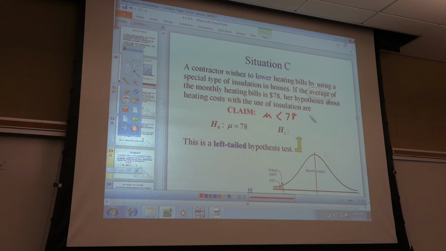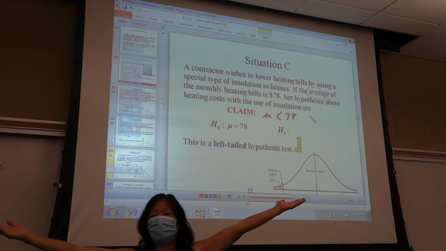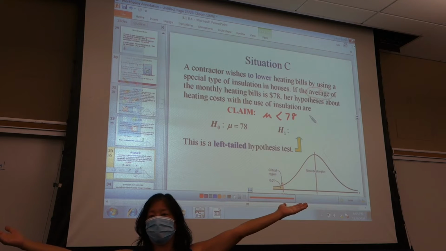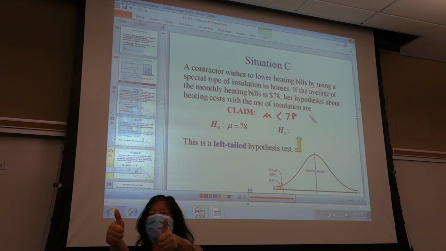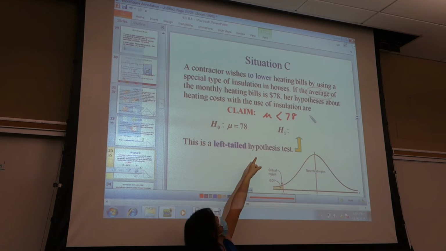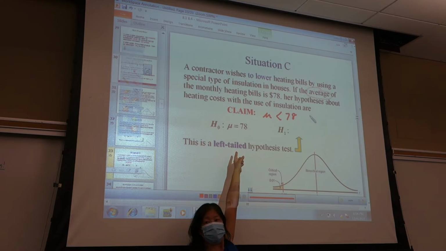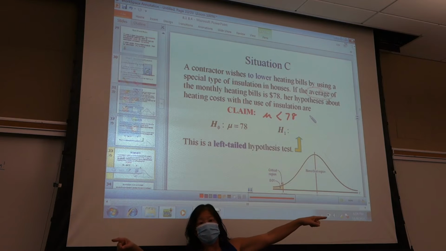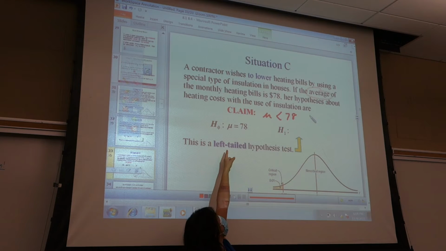Whatever is less than is going to be left tail. If it's greater than, it's going to be right tailed. And when it's not equal, it's two tail. Is my claim H naught? H naught is always equals. Nope, because my claim is not equals.